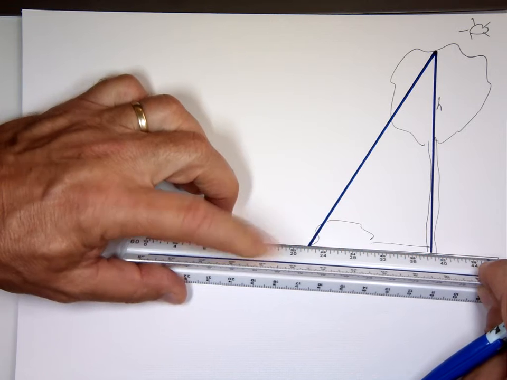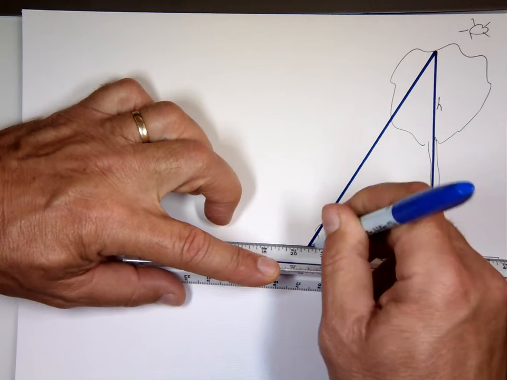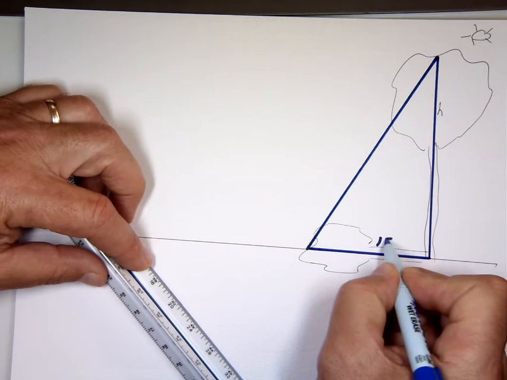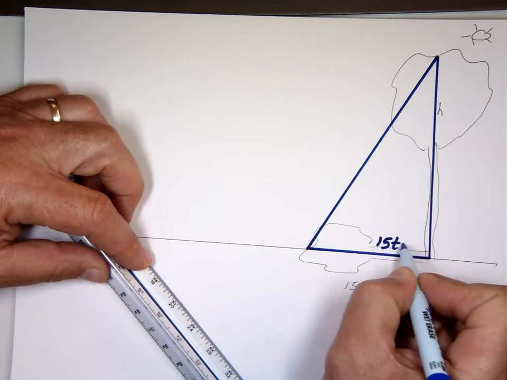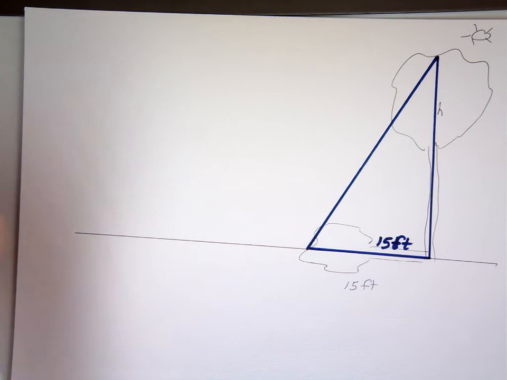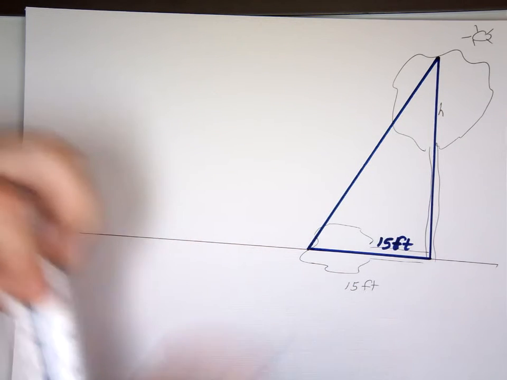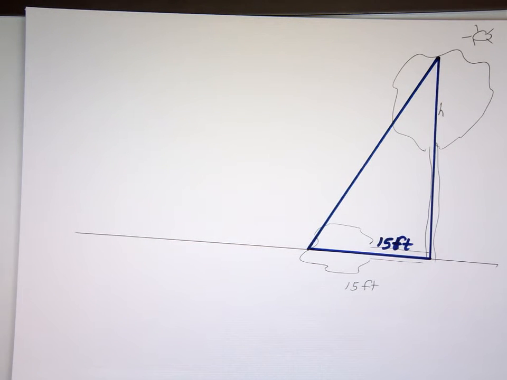That's my triangle for the tree. All I know is this is 15 feet, the shadow. That's all I know. I can't climb the tree, and I don't know the length of that side. How am I going to figure out how tall the tree is?